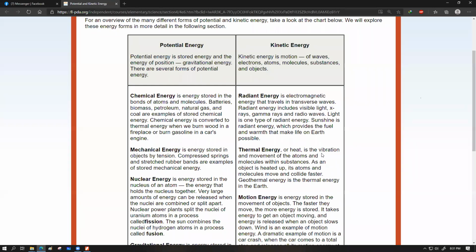For radiant energy, radiant energy is produced by the motion of some charged entity. Electromagnetic waves are essentially created by the movement or oscillation, to be more accurate, of some sort of charged entity. So that movement is radiated out as photons. So that would be kinetic energy. That's why. Okay.